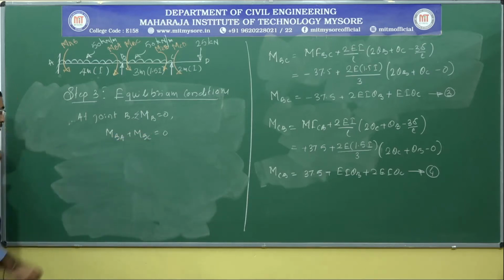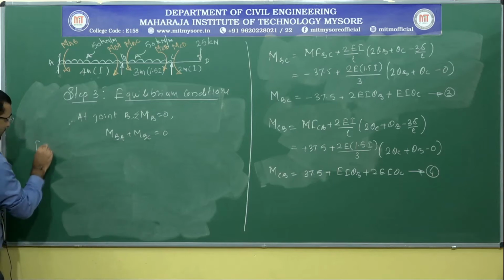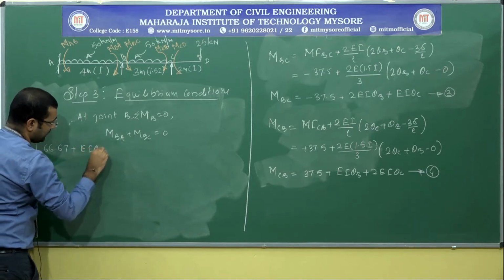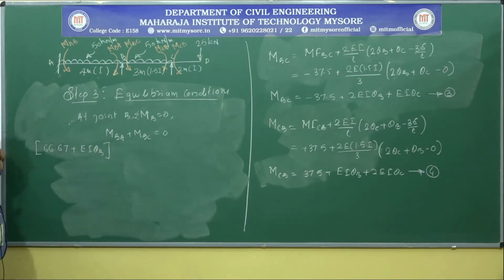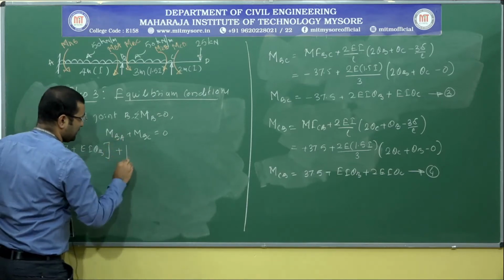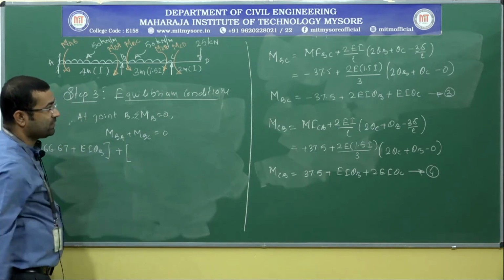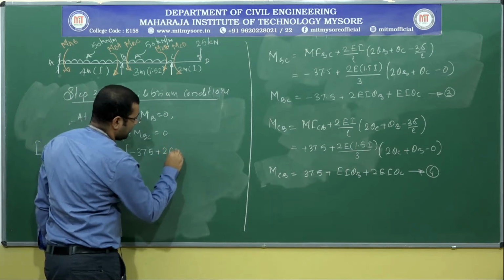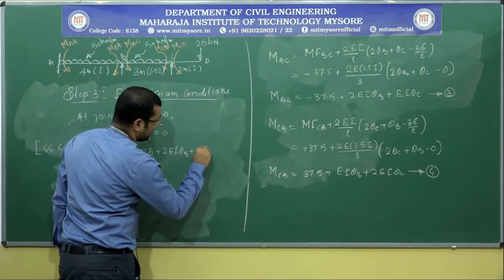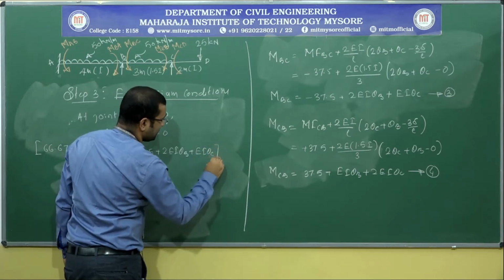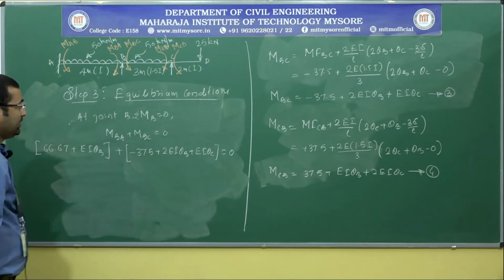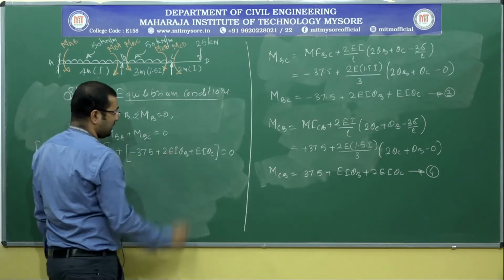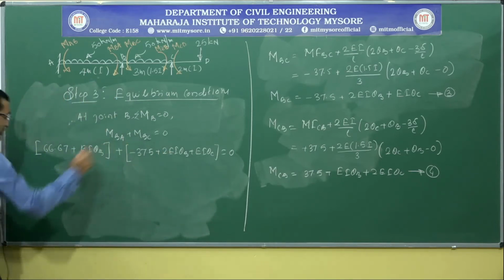So as per equation number 2, the value of MBA is 66.67 plus EI theta B. This is the value of MBA from equation number 2, plus the value of MBC, which we can take from equation number 3, that is minus 37.5 plus 2 EI theta B plus EI theta C. This sum should be equal to 0. So here you can see we have one term of EI theta B here and two terms of EI theta B in the next term.